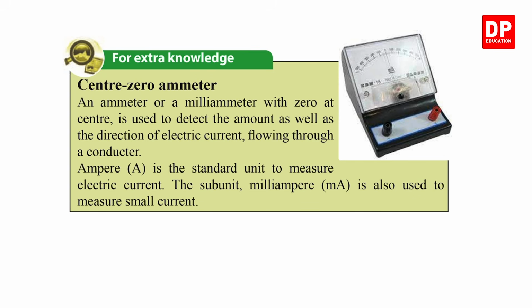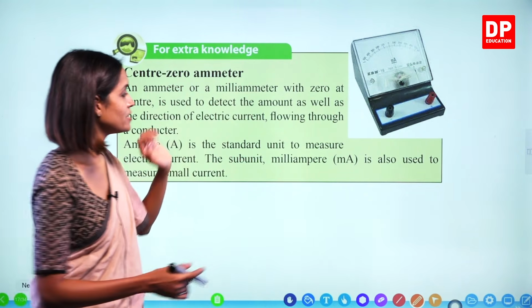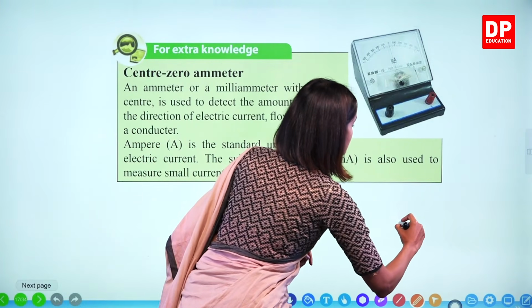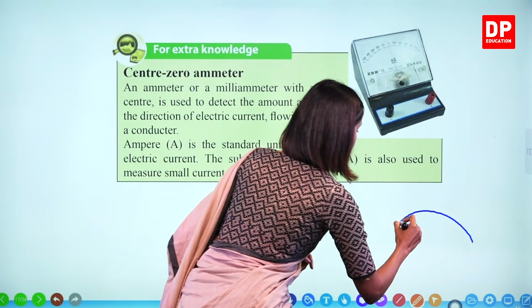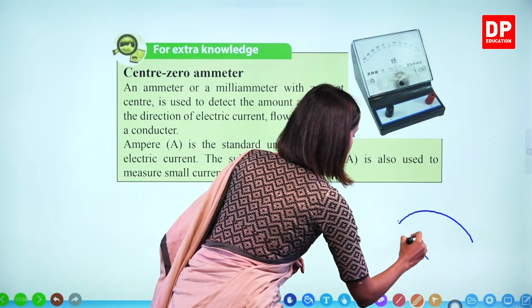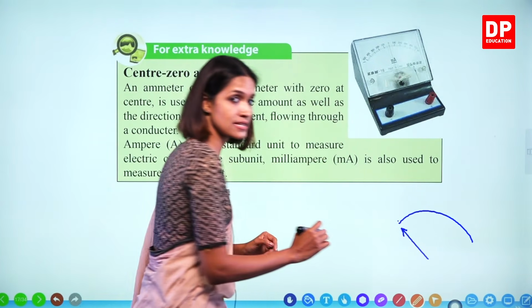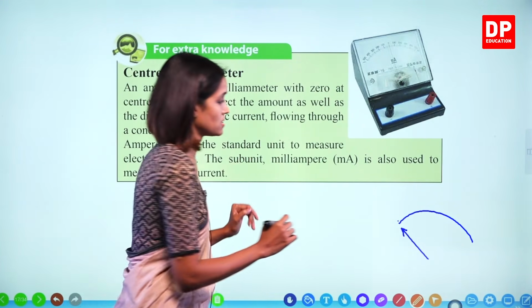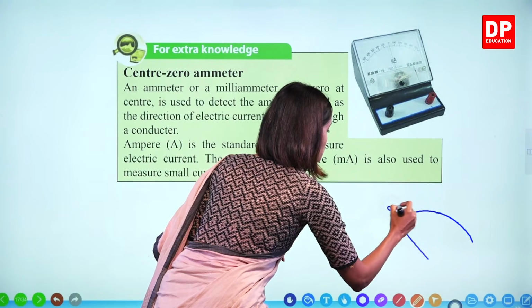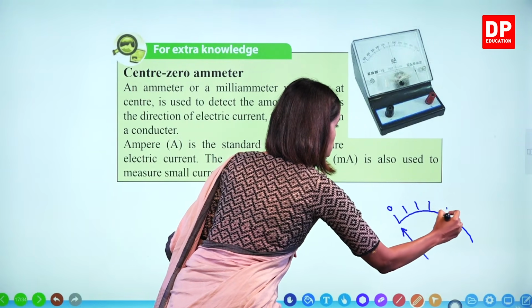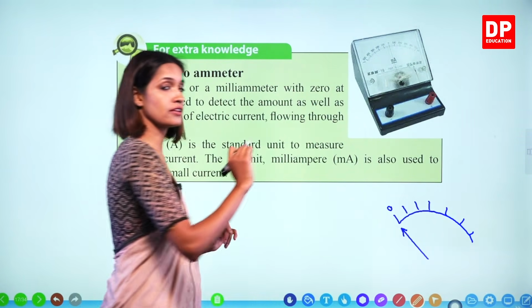Center zero ammeter. Now there are two different types of ammeter. In a normal ammeter, you will see the indicator in a corner like this when electricity doesn't flow through the ammeter, right? Now this is 0 and it goes on 1, 2, 3, 4 likewise, right?